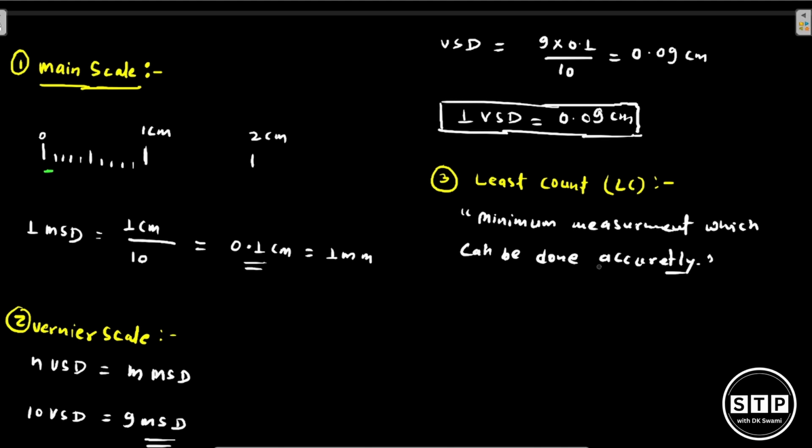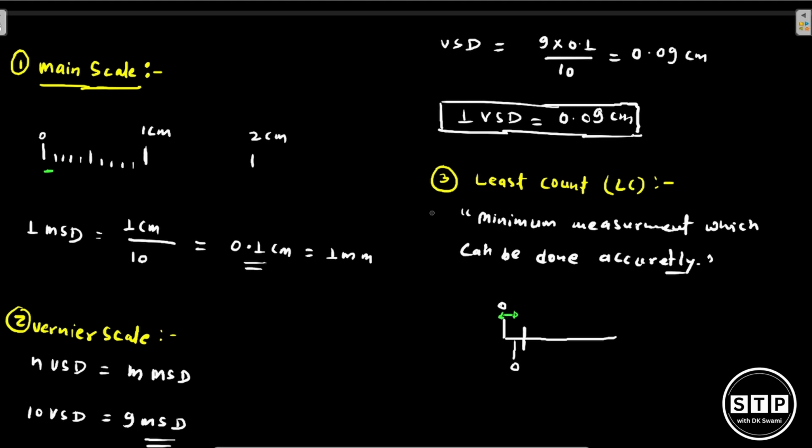In this case, the minimum measurement condition is when I place the 0 of the main scale like this and the vernier scale 0, where VSD is smaller than MSD. The vernier scale 0 is somewhere over here, the first division of the main scale is here, and the vernier scale first division is over here. Then this is the least measurement I can do using this scale.